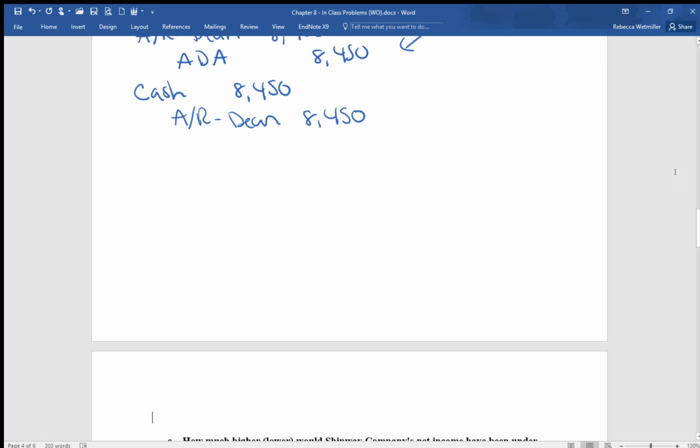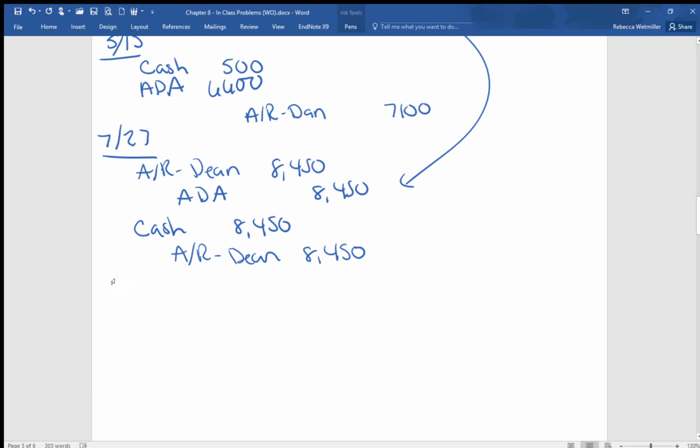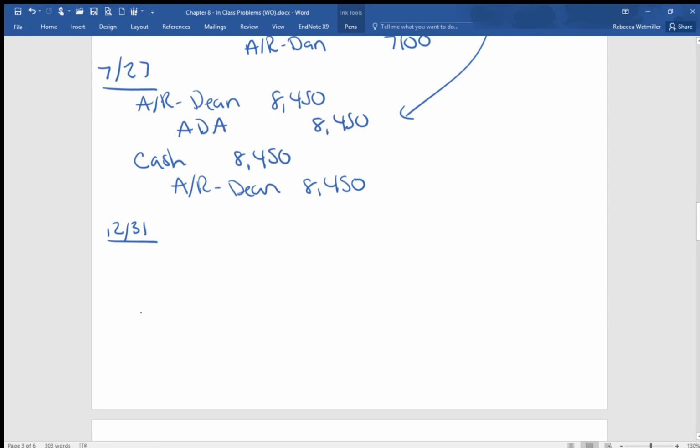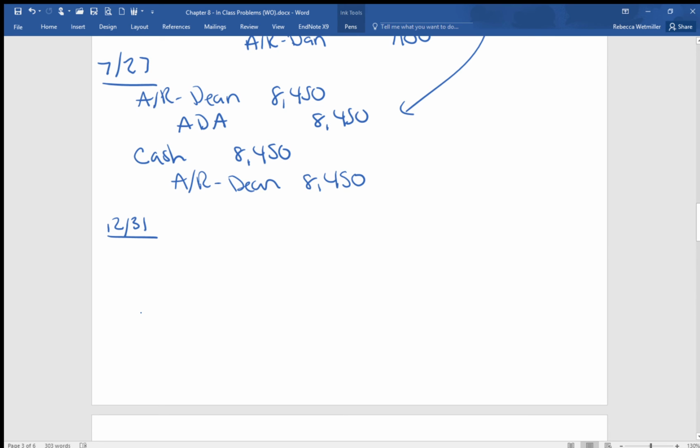Okay, so then we have what happened on 12/31. If we need to write off all of our accounts receivable, just like we did for the direct write-off method, but instead of debiting bad debt expense, once again, we're going to do allowance for doubtful accounts. So it's going to be the same, 13,150.